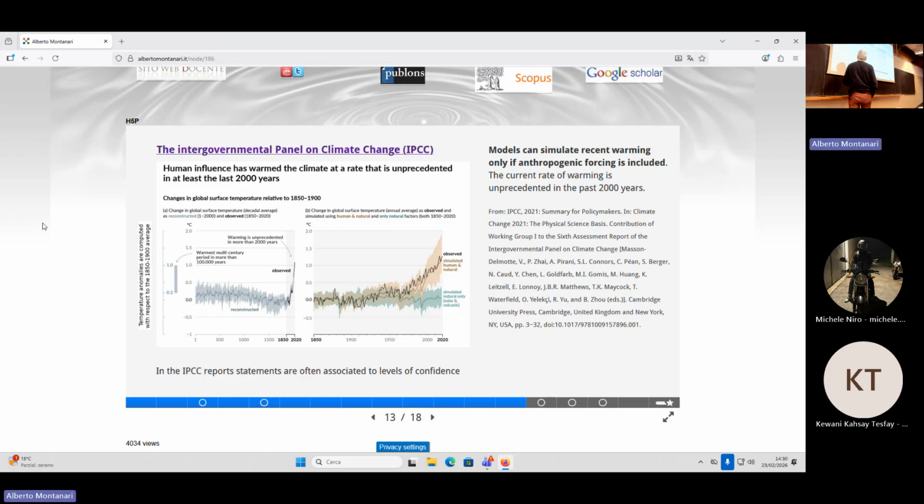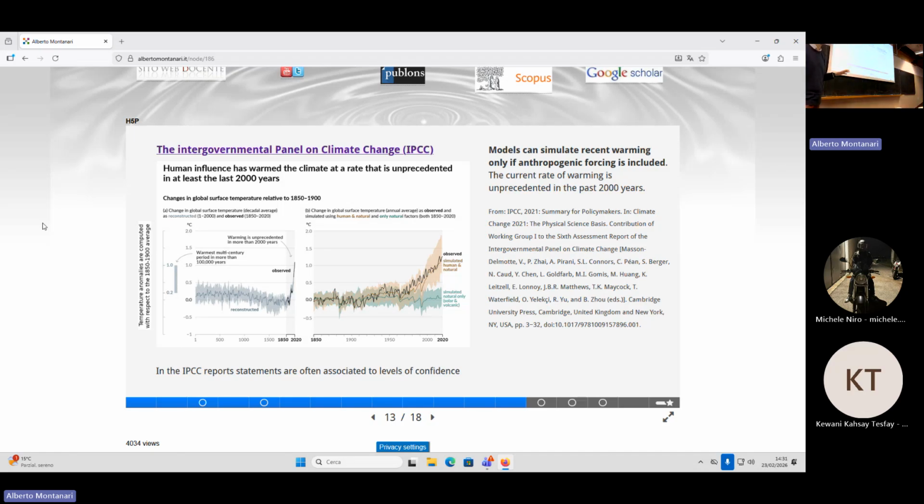So what you see on the left-hand side is global warming from the year 1, reconstructed up to 1850, to the year 2020. And you see that the global warming that we are experiencing today is unprecedented.